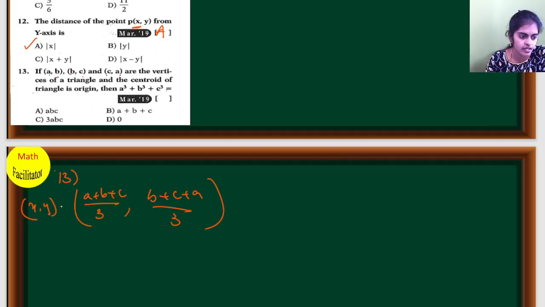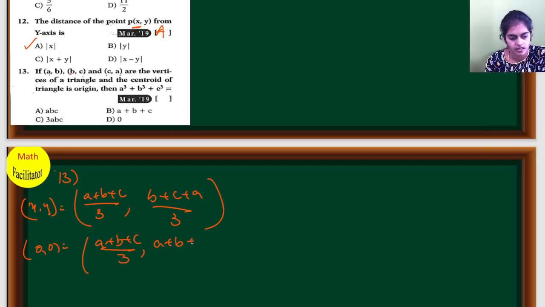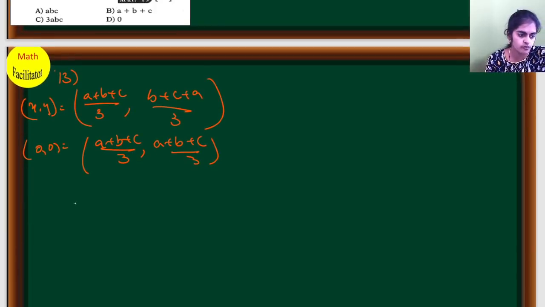This is the centroid. So this centroid is actually the origin. So equating, what do you get? So these are the points. Equating, which means I get 0 equals a plus b plus c. So the a plus b plus c value is 0.